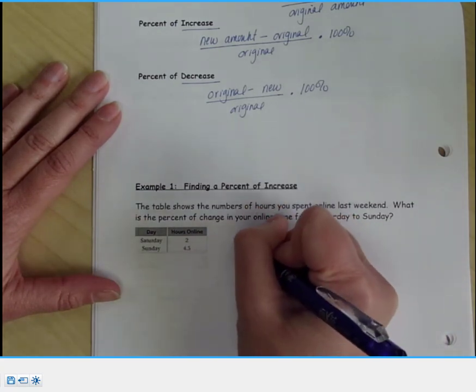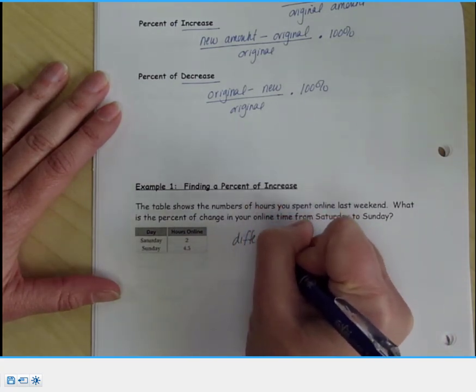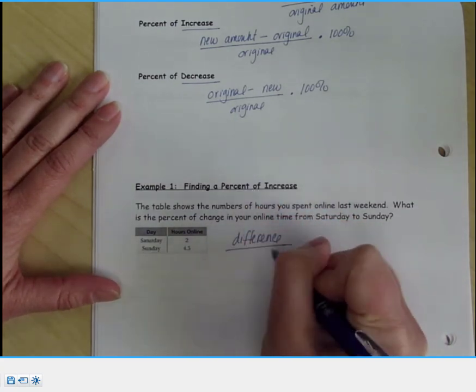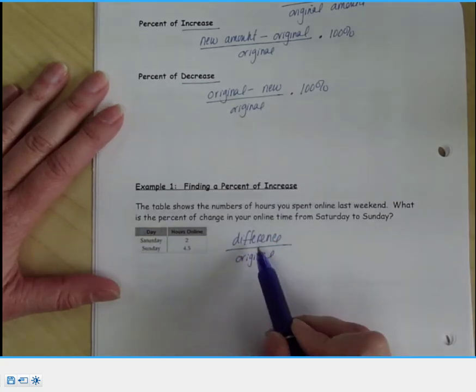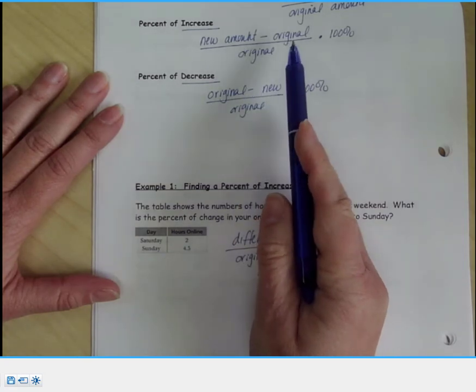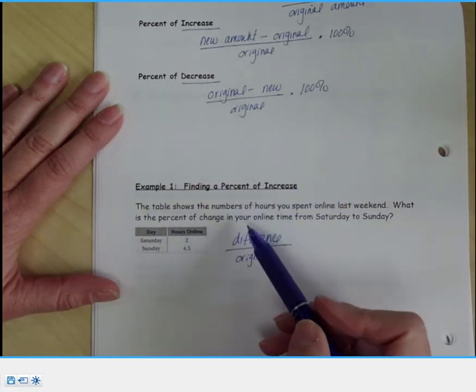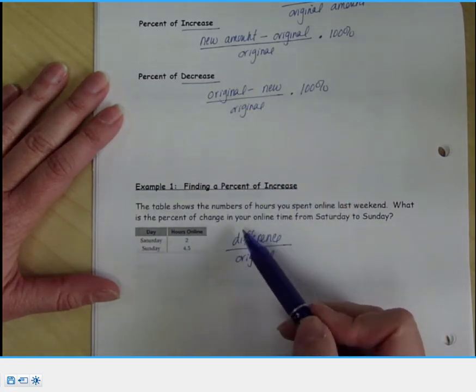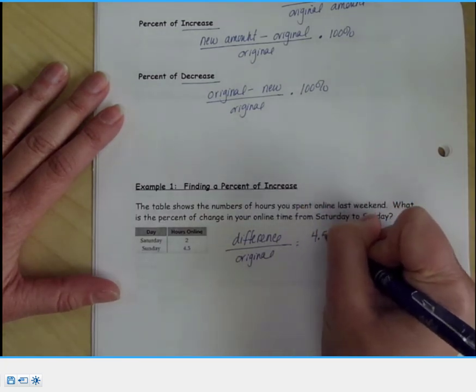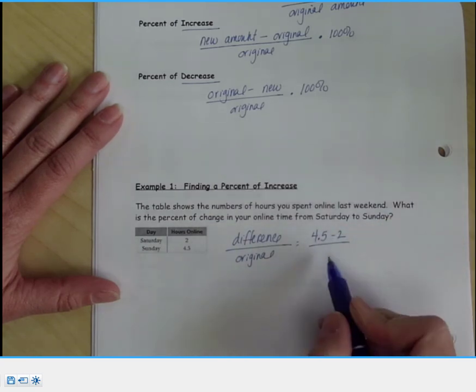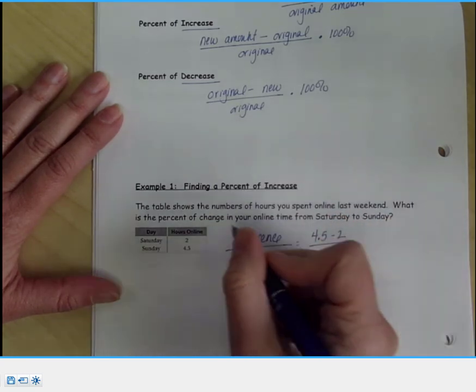So we're going to take the difference and divide by the original. Now notice I didn't use new amount minus original or original minus new. I'm going to simplify this a little bit and just say the difference. So we're going to take the greatest value minus the least value and divide it by the original.